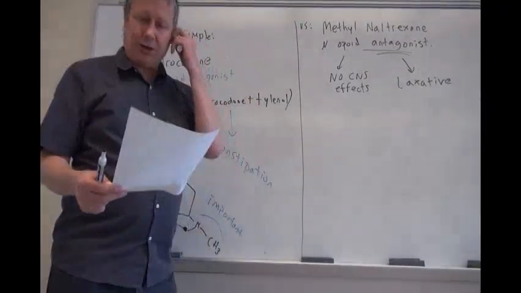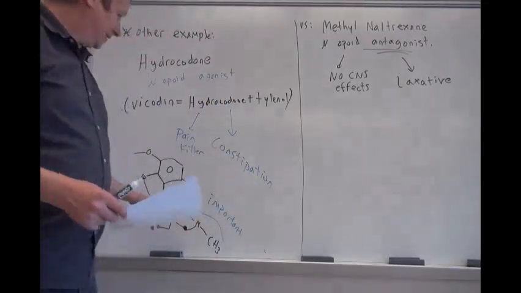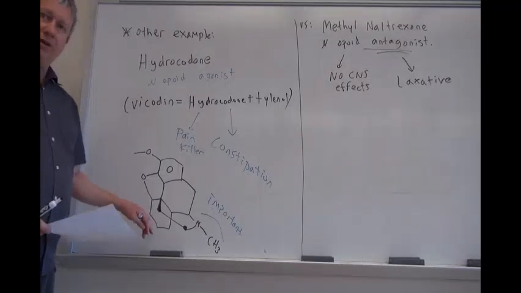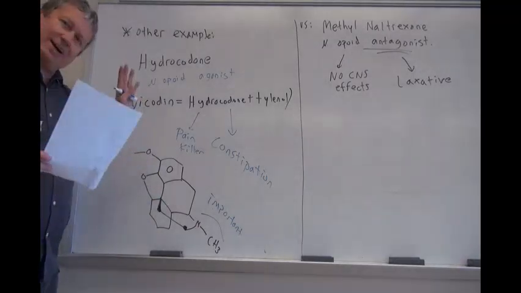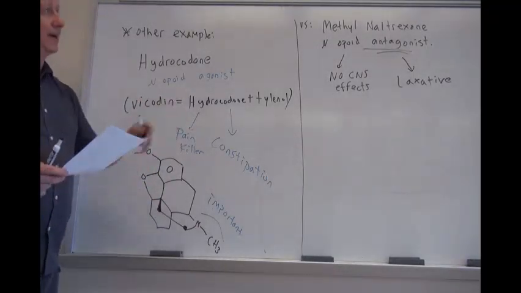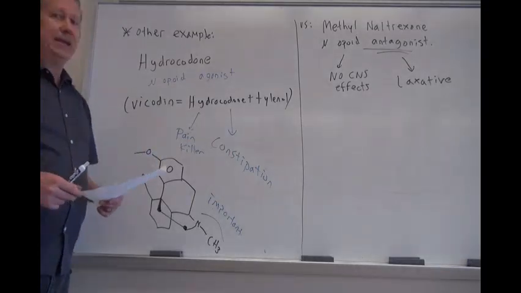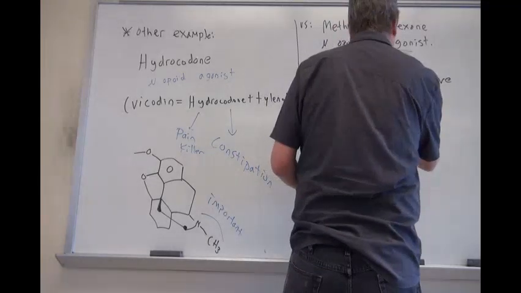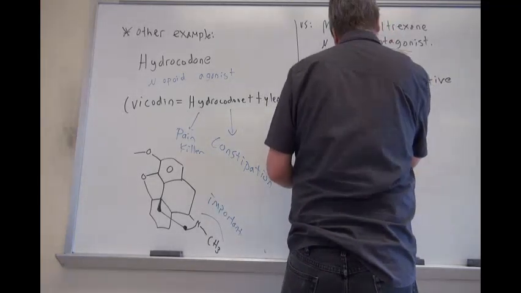So what's the structure of methyl naltrexone? You're going to see it's very similar to the structure of hydrocodone, with just a couple subtle differences, and that causes its effect as an antagonist. Start with the benzene and the methoxy.